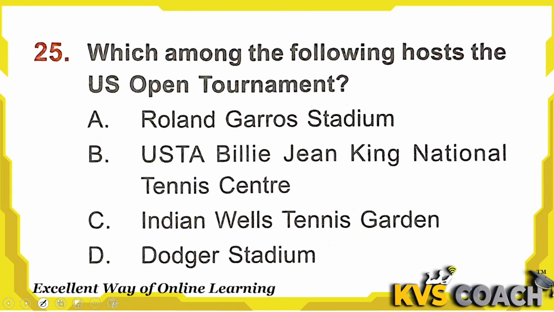Next is, which among the following hosts the US Open tournament? That is option B. USTA Billie Jean King National Tennis Center holds the US Open. Roland Garros Stadium hosts the French Open tournament.